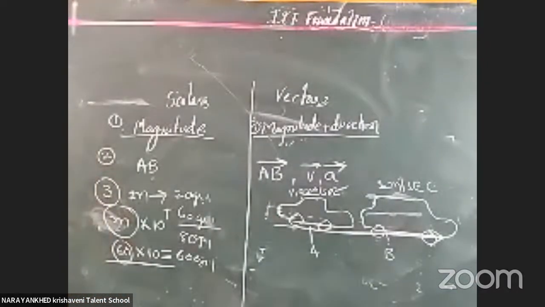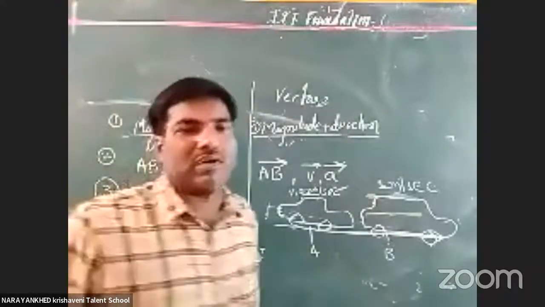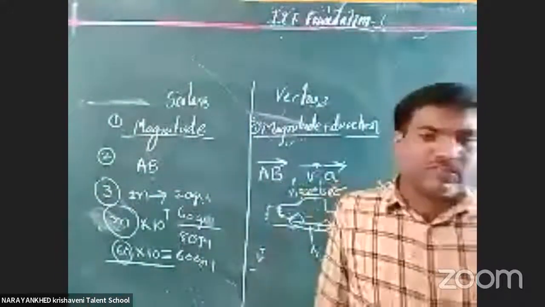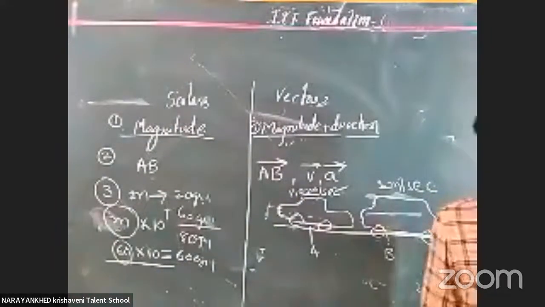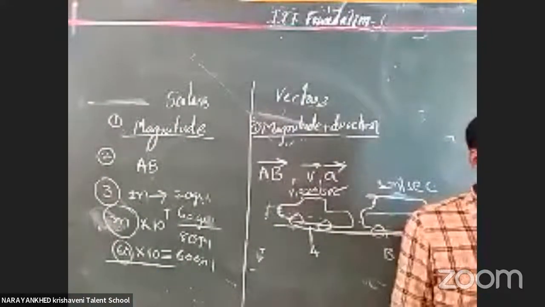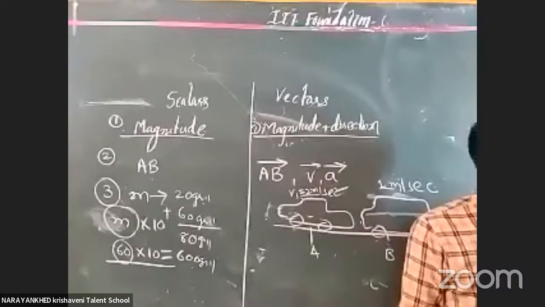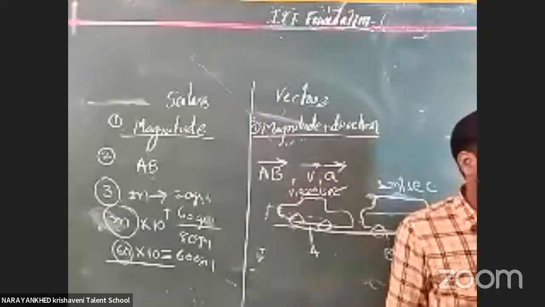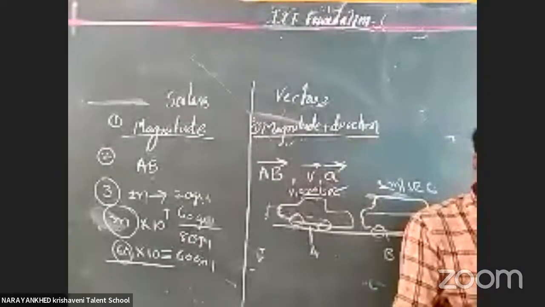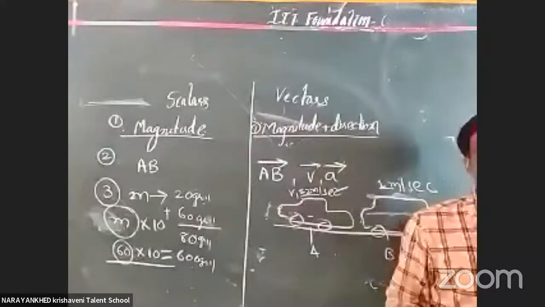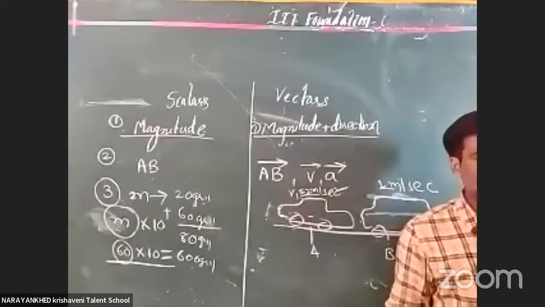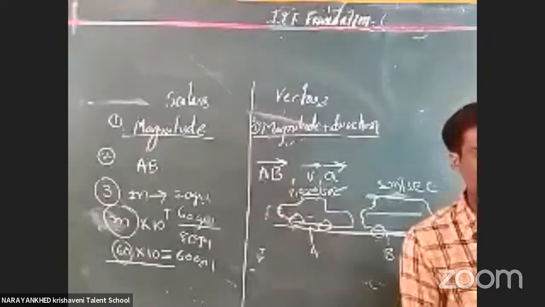Next, the examples. Length, mass and time are examples of scalars. Velocity, acceleration, force, momentum are called vectors. Got it? These four differences are very, very important.